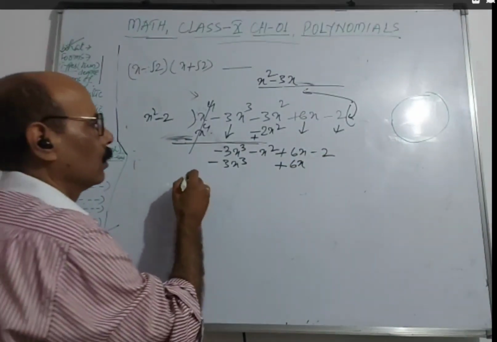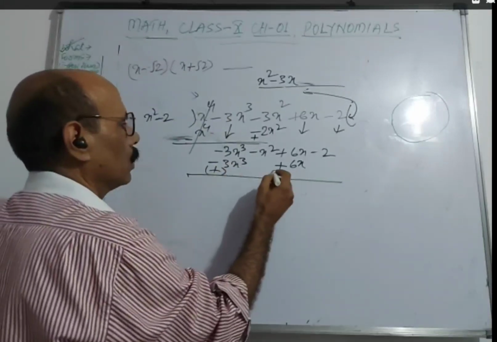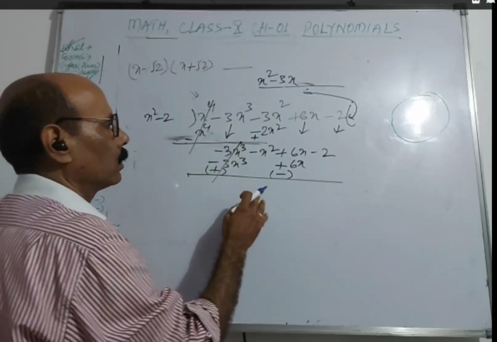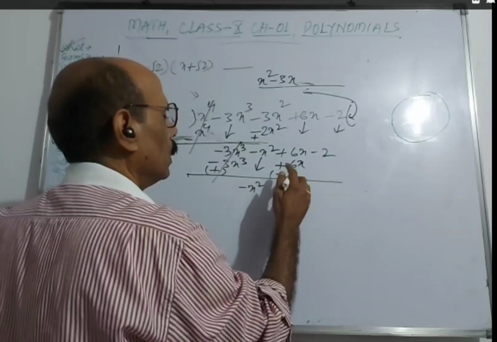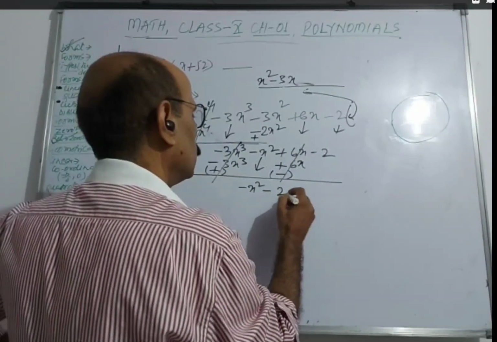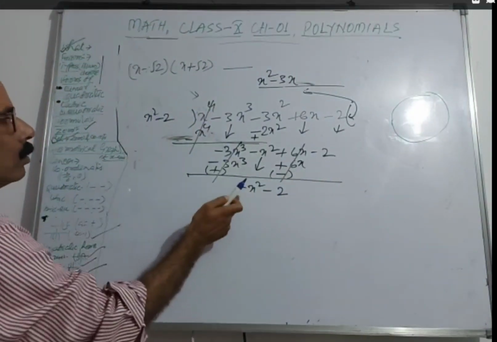That's all. Again change the sign, minus to plus, plus to minus. Same number, opposite sign, cut. This came down minus x square. This also cut, same number, opposite sign. This is 2. What will be there? Next number x square minus 2.